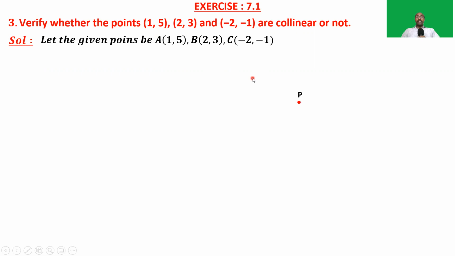So please consider 3 points P, Q, R. If these 3 points are not collinear, then we can draw a triangle joining these 3 points. And we know that in a triangle, the sum of two sides is greater than the third side. So here PQ plus PR must be greater than QR.